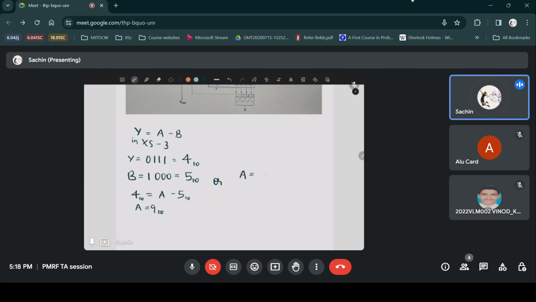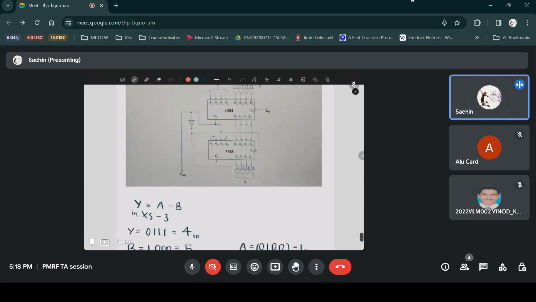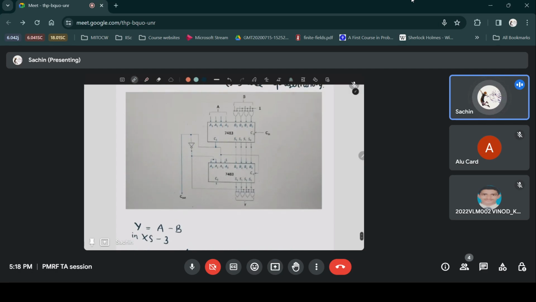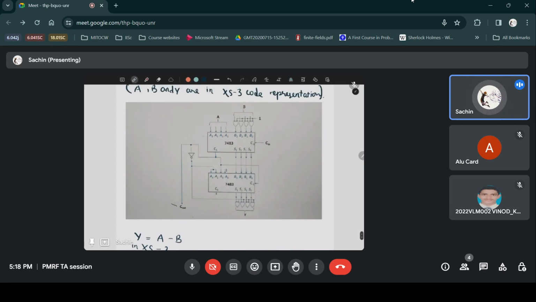And 1 in excess 3 is 0 1 0 0, right? And the way you tell the difference is by checking the carry out that you get. So if the carry out is not there, then let me check it.